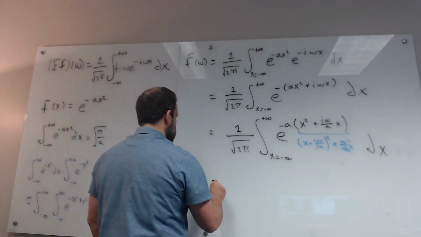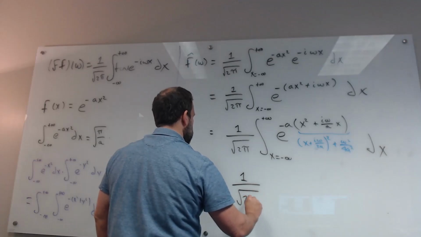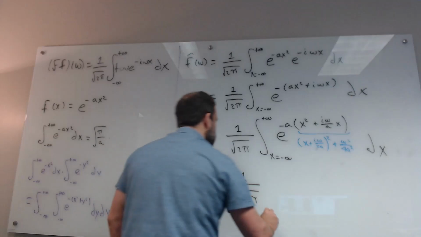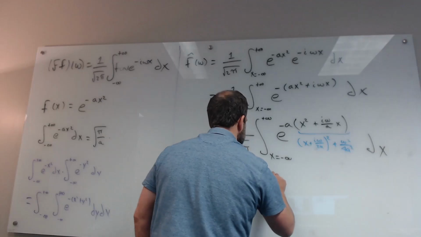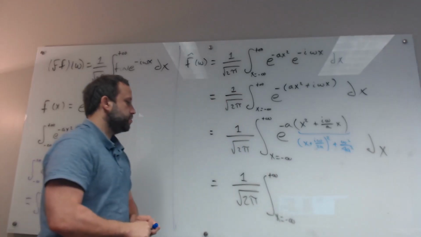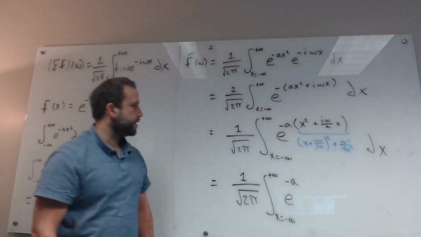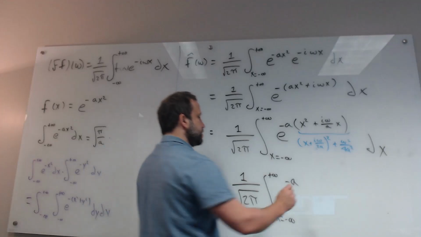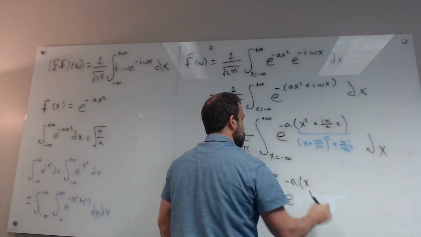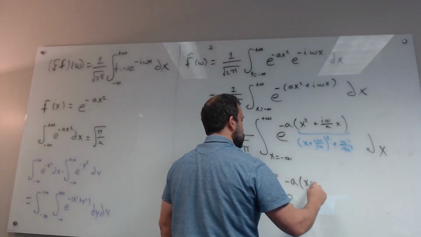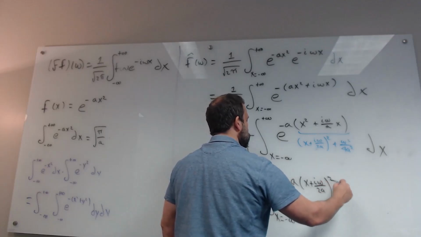And so this is equal to 1 over the square root of 2 pi, and then we're going to have the integral, x going from minus infinity to positive infinity, of e to the minus a times x plus i omega over 2a squared.